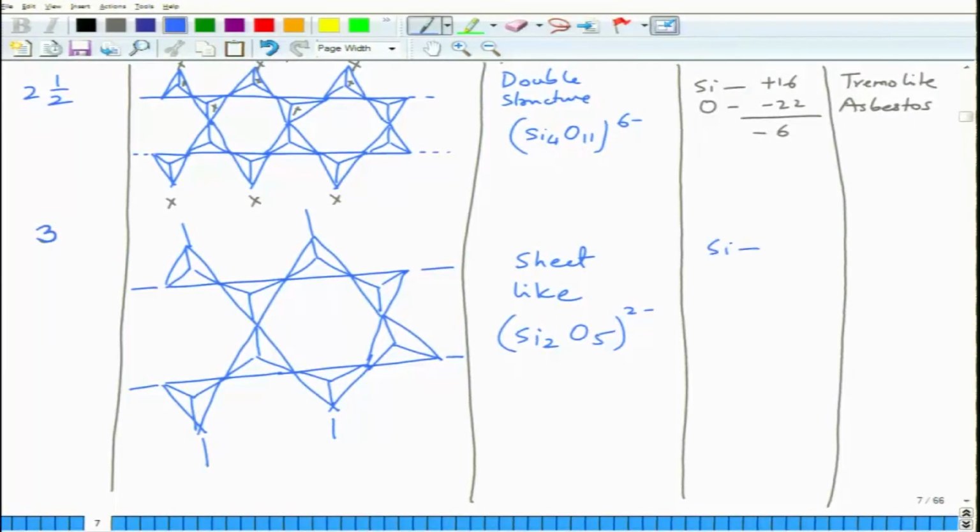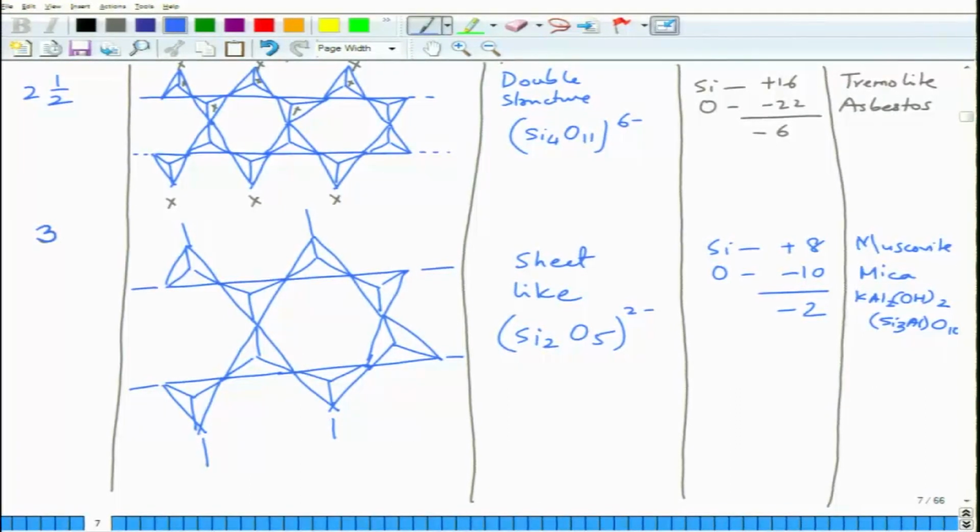So, Si will be, you can see here, plus 8, oxygen will be minus 10, net will be minus 2. You can say muscovite or mica, you might have heard of mica. This compound is KAl2(OH)2 Si3AlO10. So, a complicated form, a sheet-like structure.